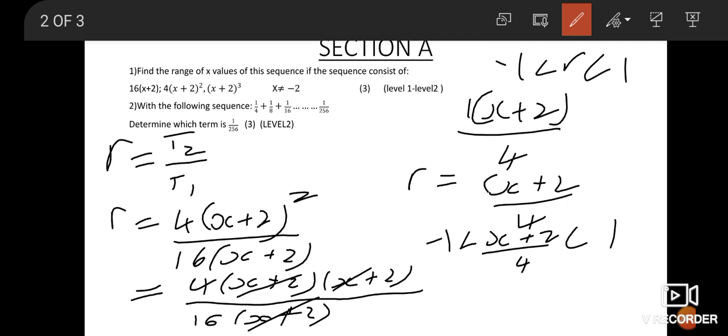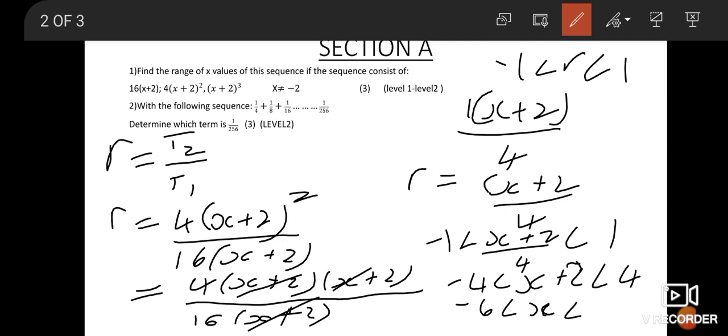Then we times both sides by 4. So it's going to be -4 less than x plus 2 less than 4. Then we simply take 2 to the other side. So it's going to be -4 minus 2, which is -6. Then x is left alone, to find the range of values of x.